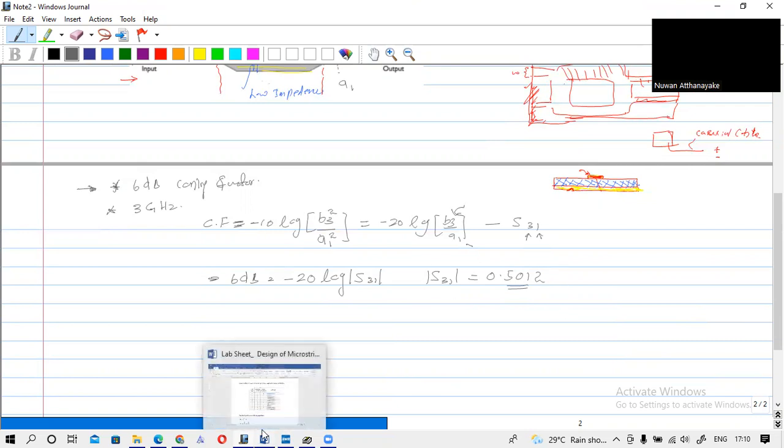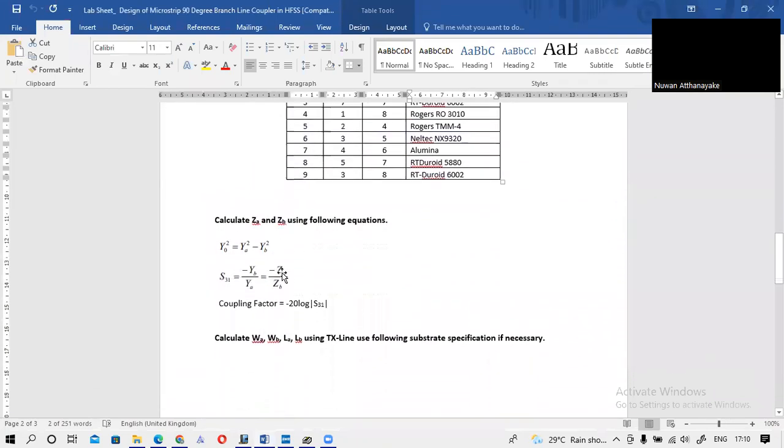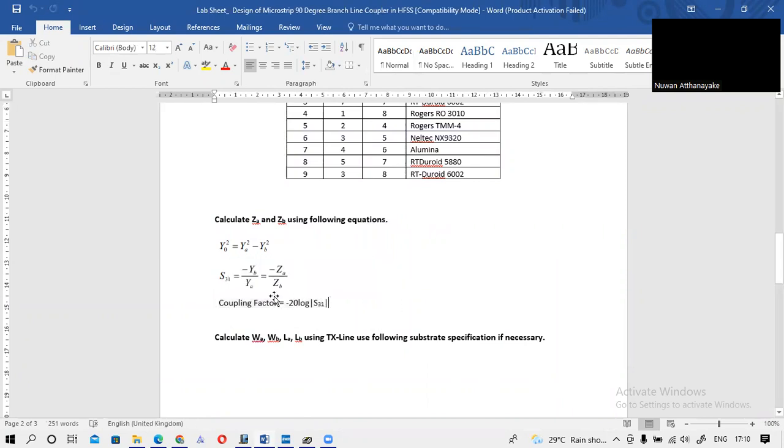Here I have given the coupling factor, and I have given how the S31 parameter is related with the impedance. So using this equation, you can find the ZA and ZB.